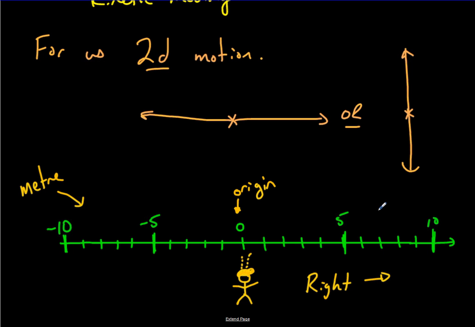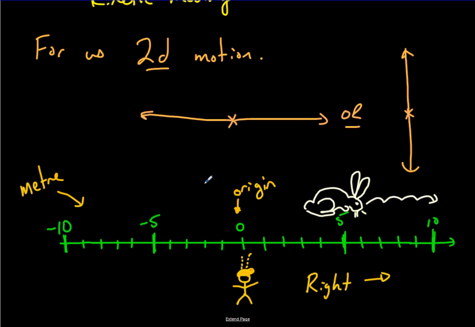So far, so good? So let's imagine that you're watching a little bunny rabbit. And the bunny is hop, hop, hopping along, okay? We would say that that bunny is moving positively, okay?